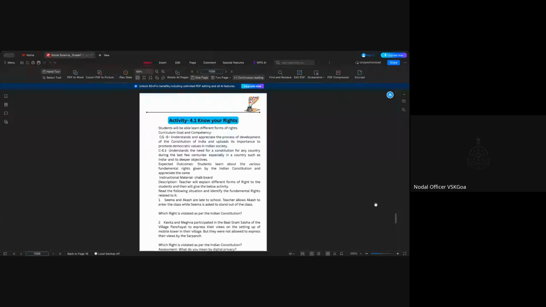Coming back, we have the activity for week 4, Know Your Rights. Students will be able to learn different forms of rights. The main goal here is to understand and appreciate the process of development of the Constitution of India and uphold its importance in promoting democratic values in Indian society.